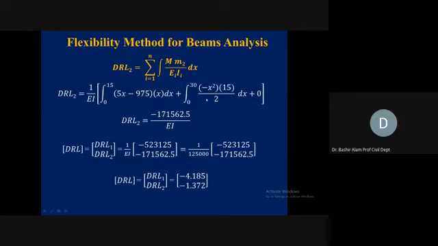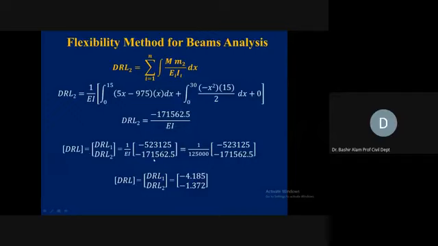For member BC, the capital M was minus x square. M2 was 15, and this is from the 2I. This 2 is coming. Plus member CD, it is giving you 0 times some number, so that is giving you the 0 contribution. And DRL2 is coming this number.